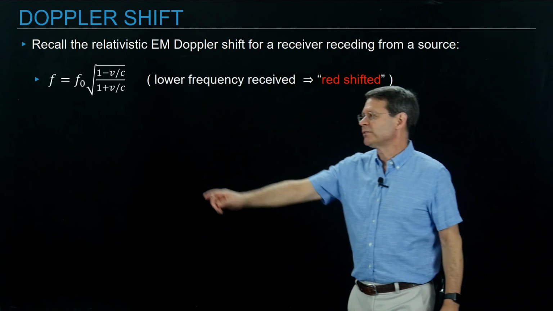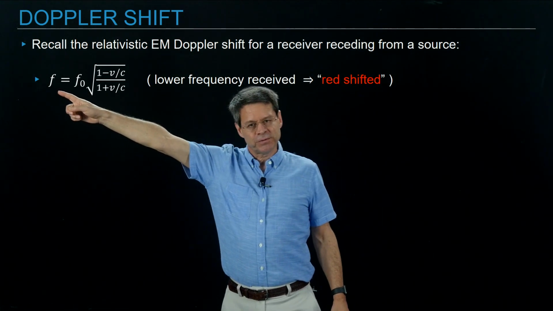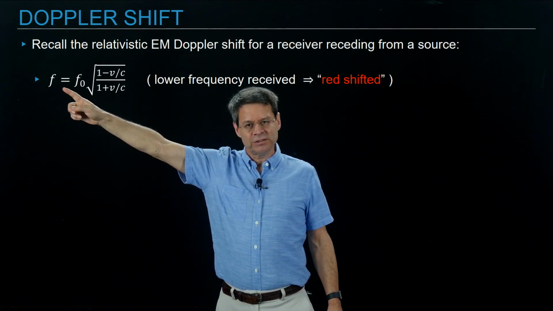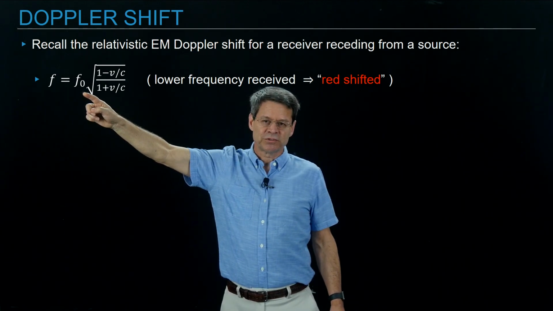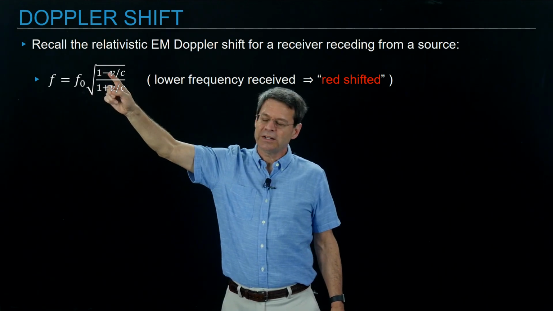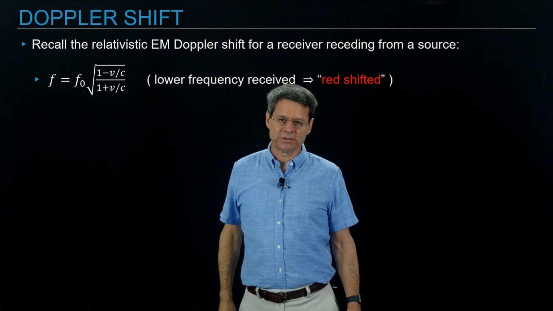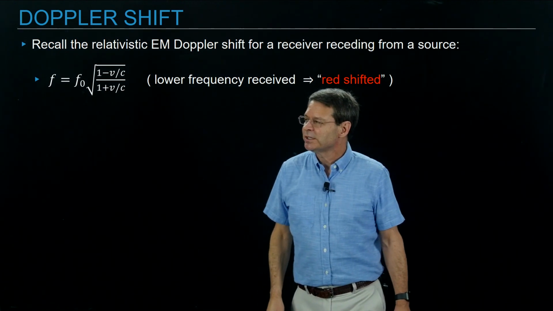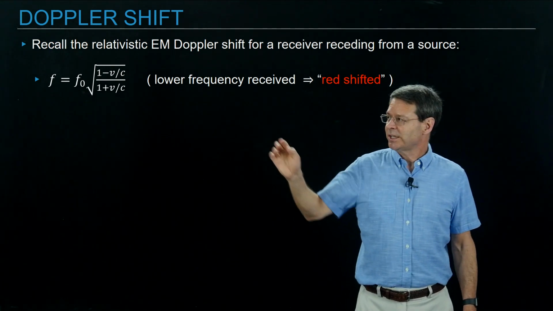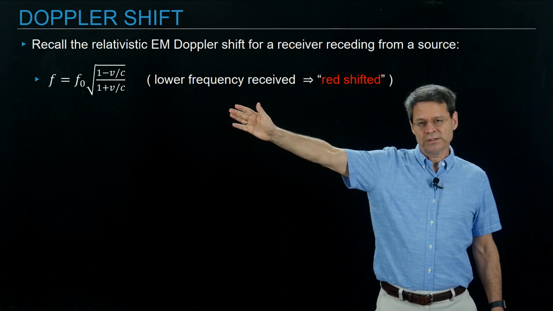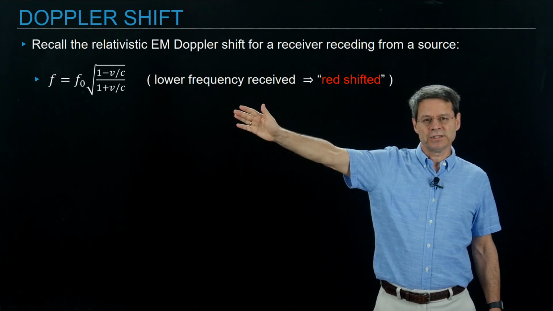Then the correct formula is this one: the frequency that you detect the radiation at is the frequency it was emitted at, f naught, times the square root of (1 minus v over c) over (1 plus v over c). That gives you a frequency f which is less than f naught, and that's the correct case. The frequency is lowering if there's a receding velocity.